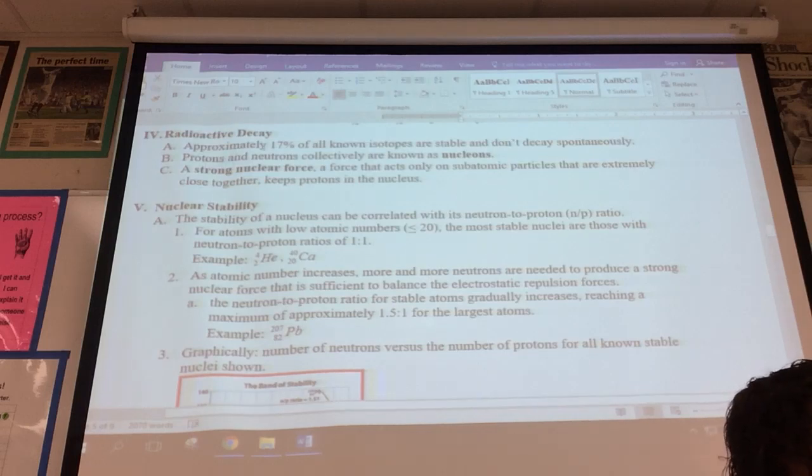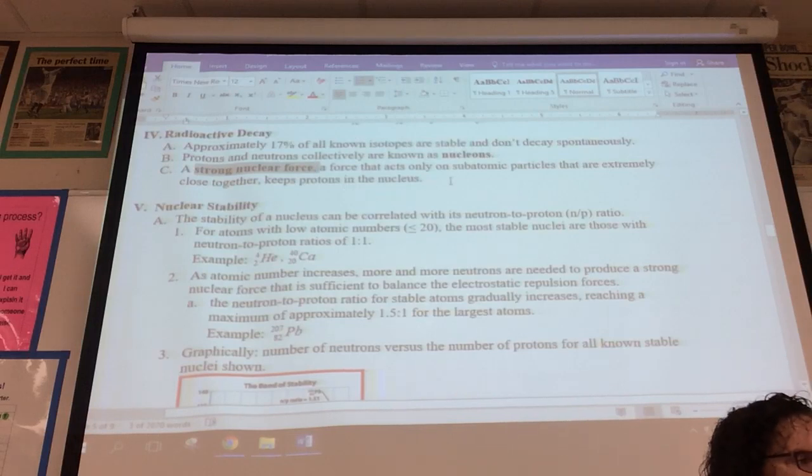With radioactive decay, it turns out that most isotopes are not stable. Only 17% of all known isotopes are stable, so they don't decay spontaneously. When you're talking about the two subatomic particles in the nucleus, protons and neutrons, they are known as nucleons, and it is a strong nuclear force that actually acts on subatomic particles that are held or confined in a small space.